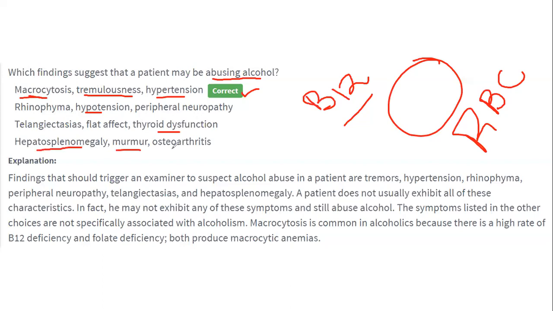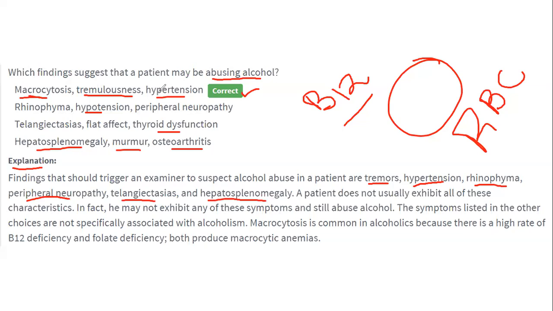Hepatosplenomegaly, murmur, and osteoarthritis. What is the explanation? Findings that suggest the trigger to suspect alcohol abuse in a patient are tremor, hypertension, rhinophyma, peripheral neuropathy, telangiectasis, hepatosplenomegaly. So when you choose the answer, you have to check which one.